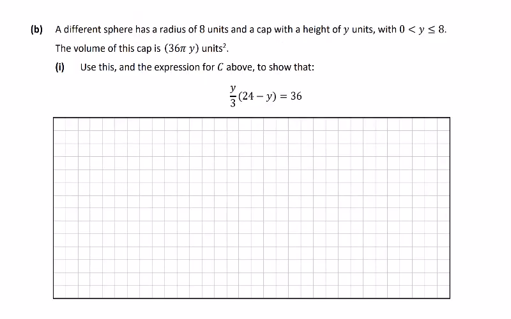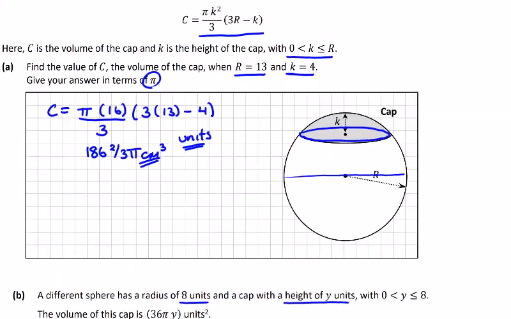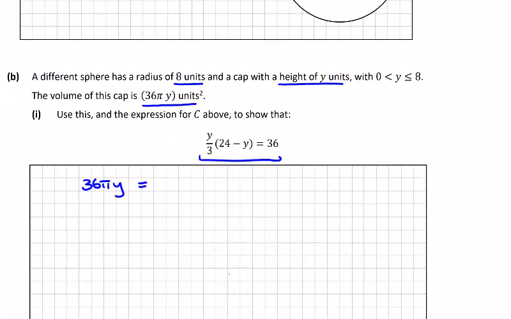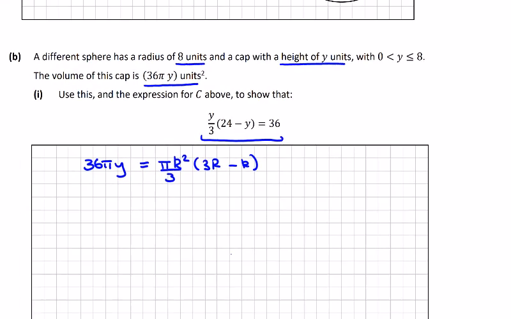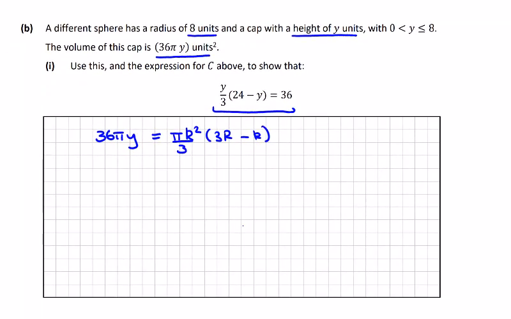So part 2. A different sphere of radius 8 and a cap with height y. We're told the volume of this cap is 36 pi y. Use this expression to show that this is true. So 36 pi y is equal to the volume of the cap, which was given above as pi k squared over 3 times 3r minus k. In this case the height is y, so that's my k.